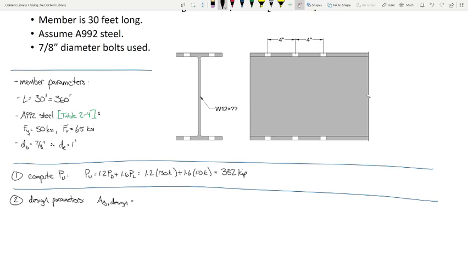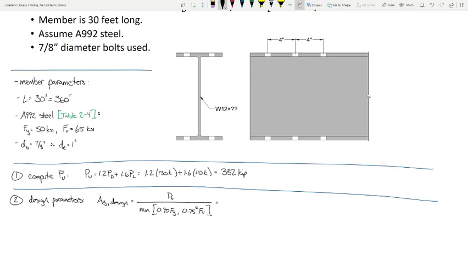Okay, so we need a gross area for design purposes, and so we're going to do the denominator as the minimum of 0.9 Fy and 0.75 squared Fu, all under Pu.